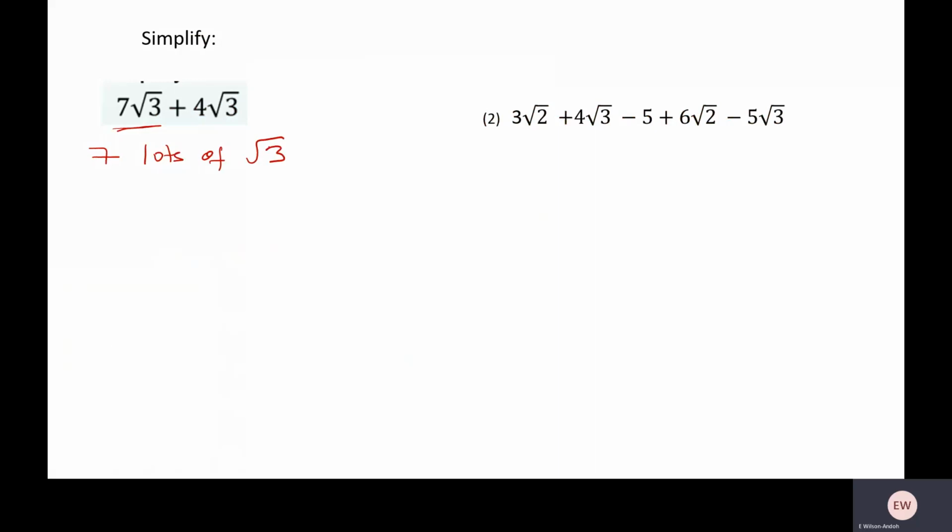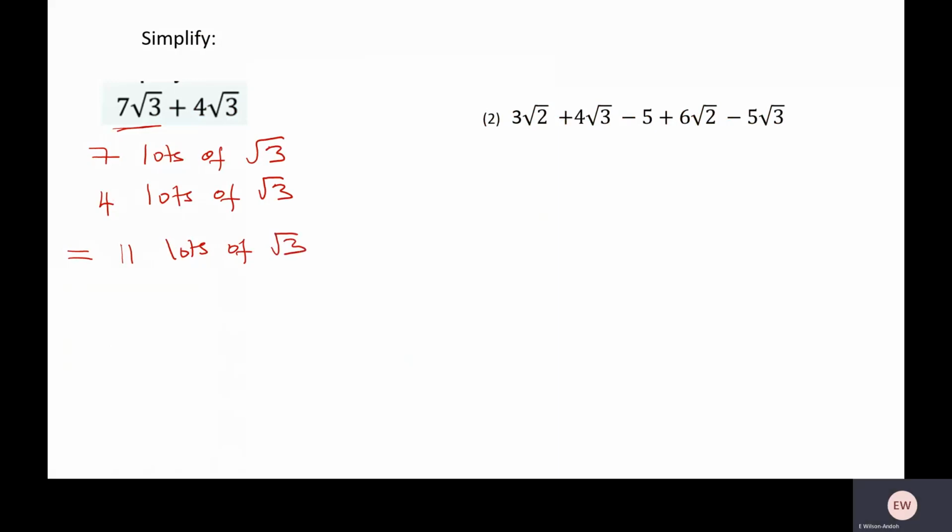And the second term, 4 root 3, is 4 lots of root 3. And these two terms are adding. So how many root 3s do we have? This will give us 11 lots of root 3.